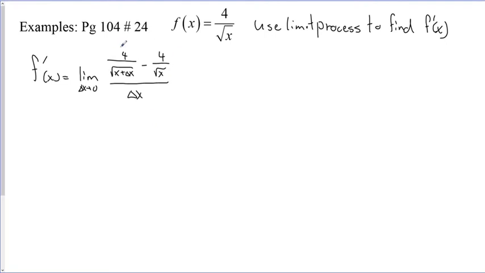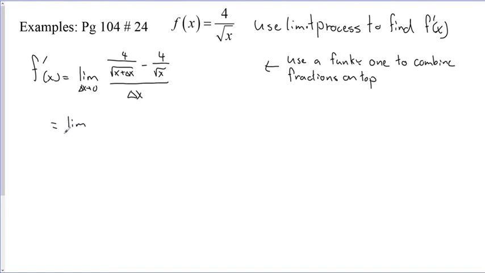So the first thing I want to do is combine the fractions on the top. So I have to use a funky one. And so that's going to look like the limit as delta x goes to 0 of, well, let's see here.